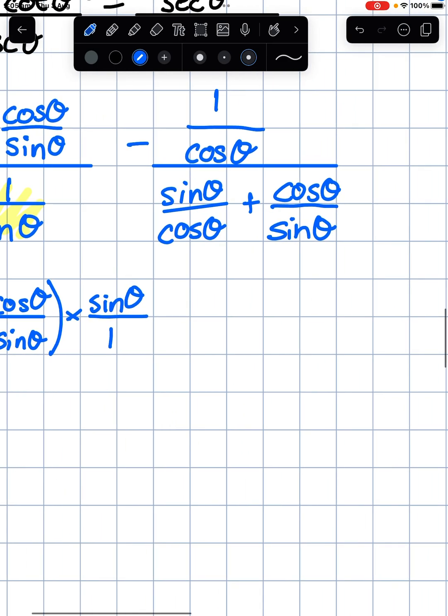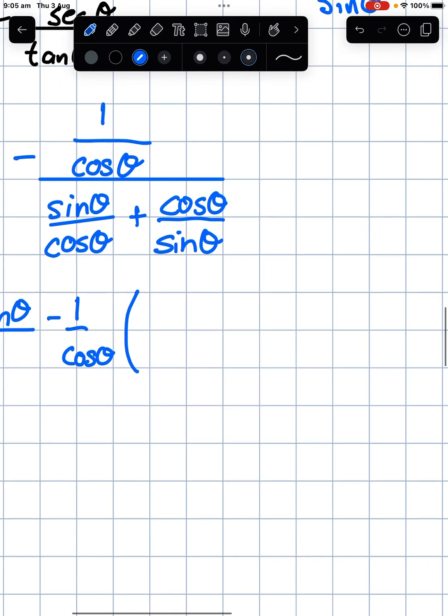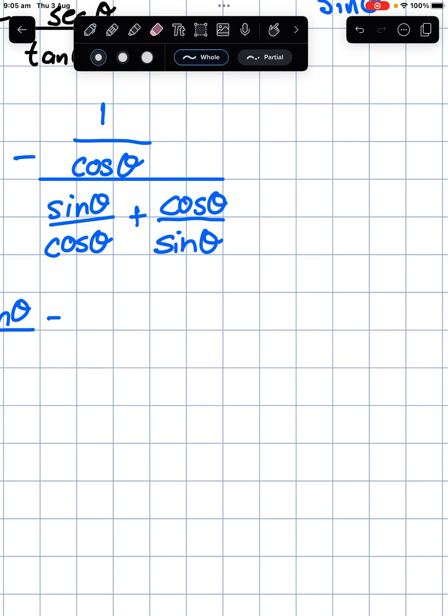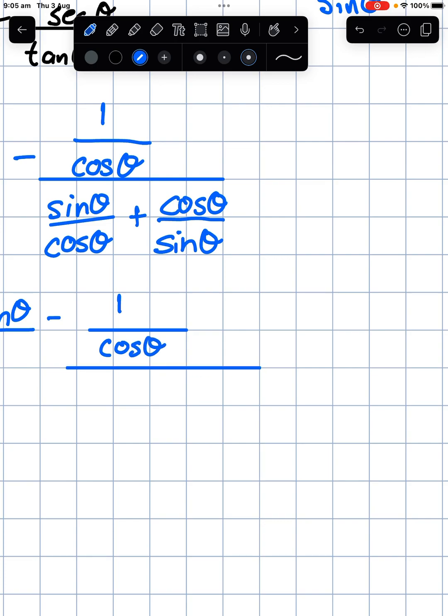And then our other side over here, I'm going to leave as 1 over cosine theta. Actually, no, we'll sort out the bottom first. We'll leave this 1 over cosine theta up here, just because we might be able to clean this up a little bit first.